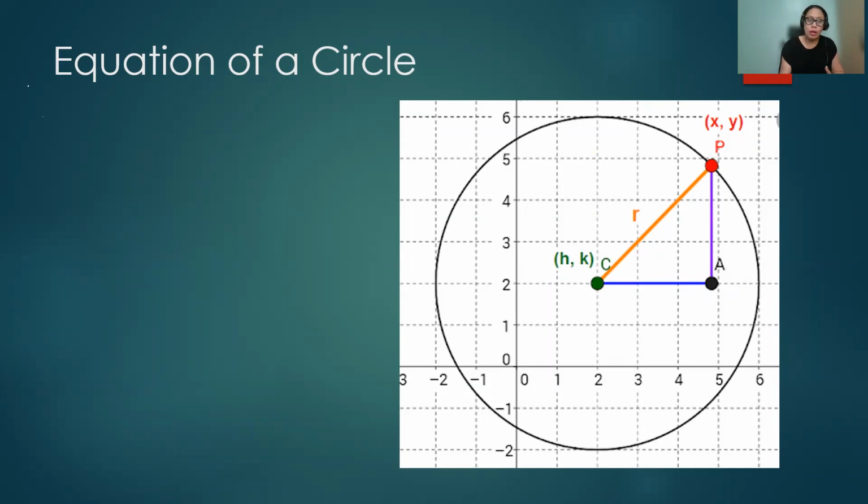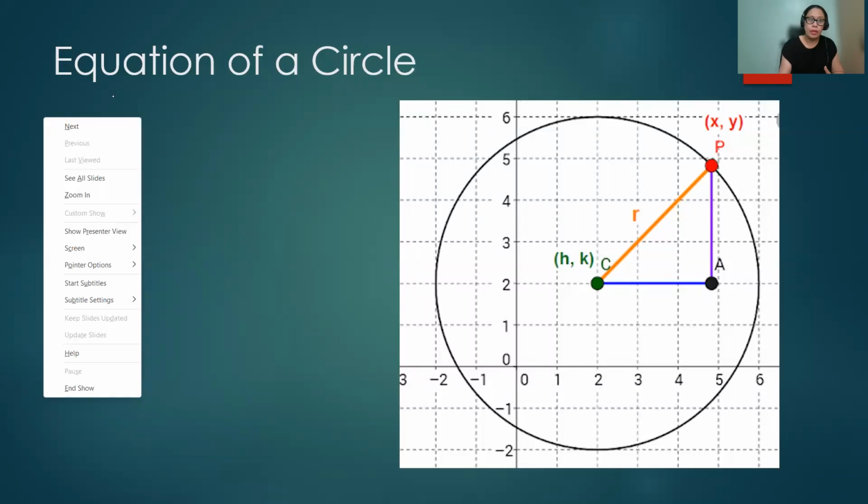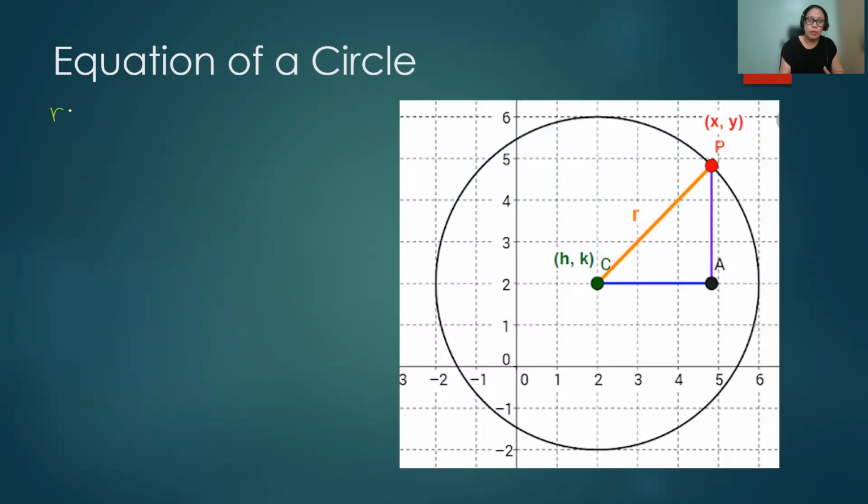We have r equals the square root of the square of the difference of the x coordinates, (x minus h) squared, plus the square of the difference of the y coordinates, (y minus k) squared.